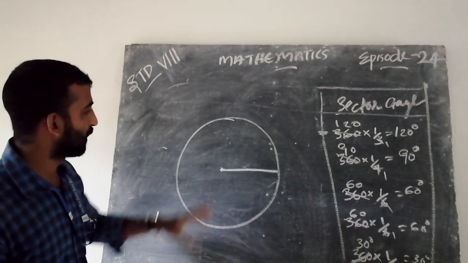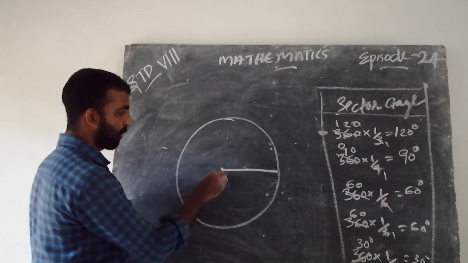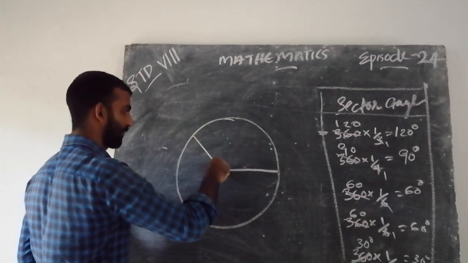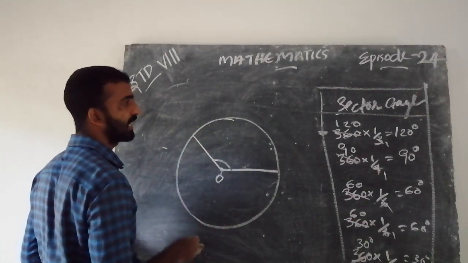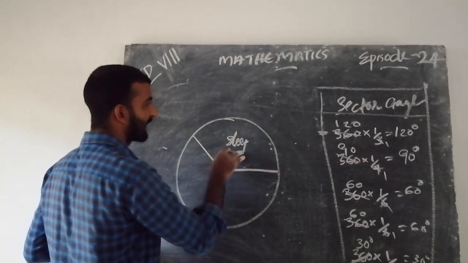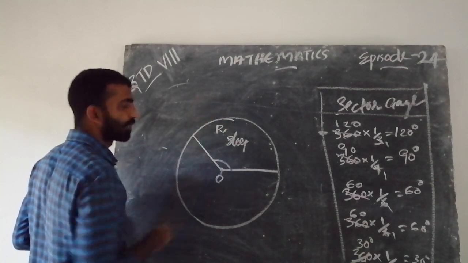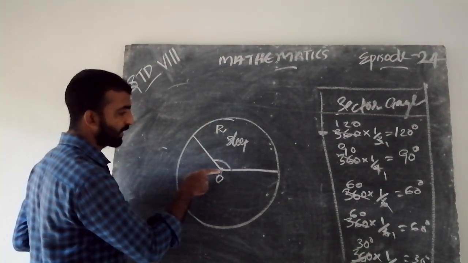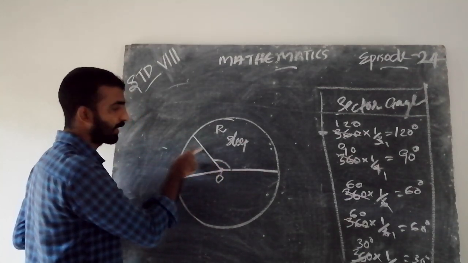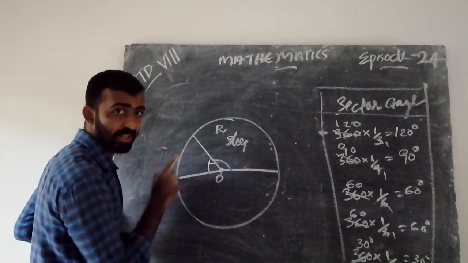Then we take the protractor, place it at this point and make 120 degrees. That is the first one, sleep. We give it red color. Next the protractor is placed here and we make 90 degrees.